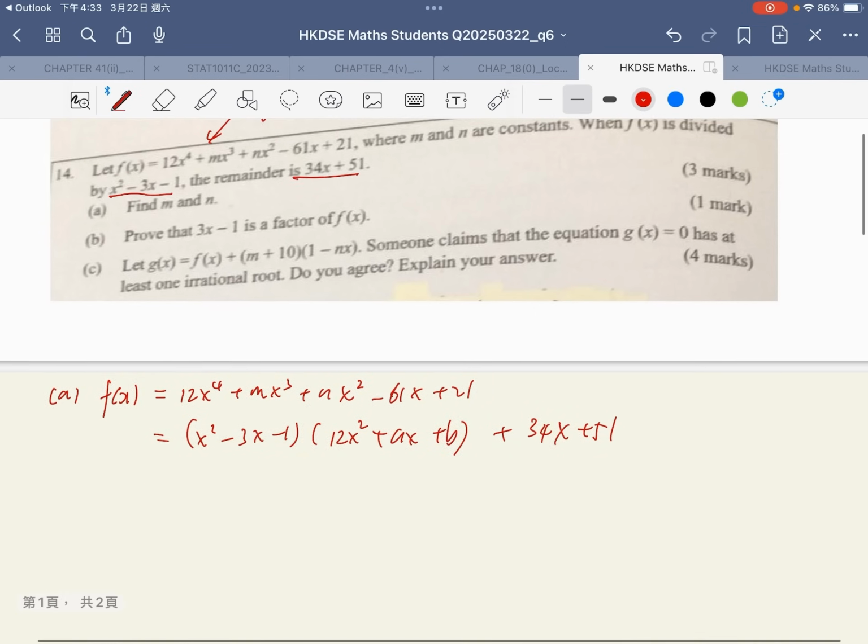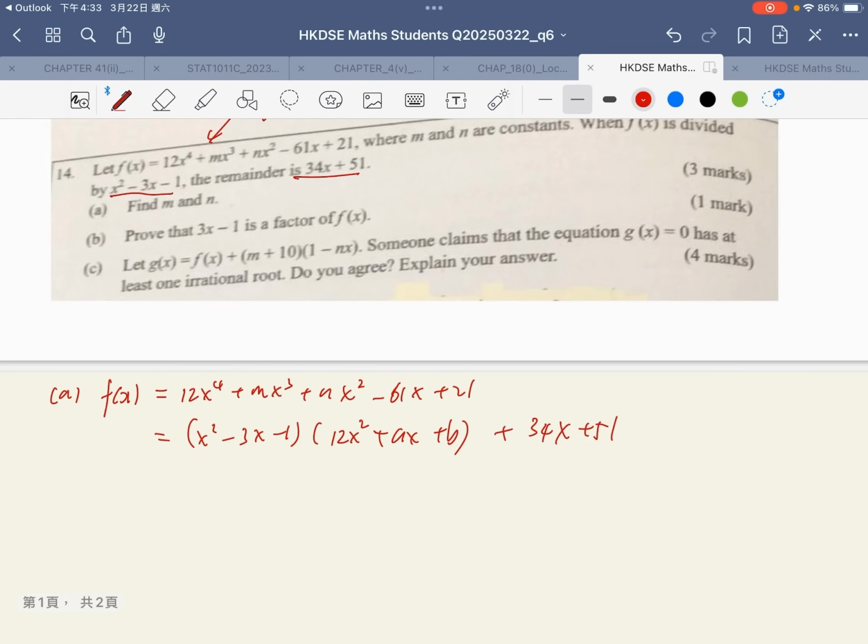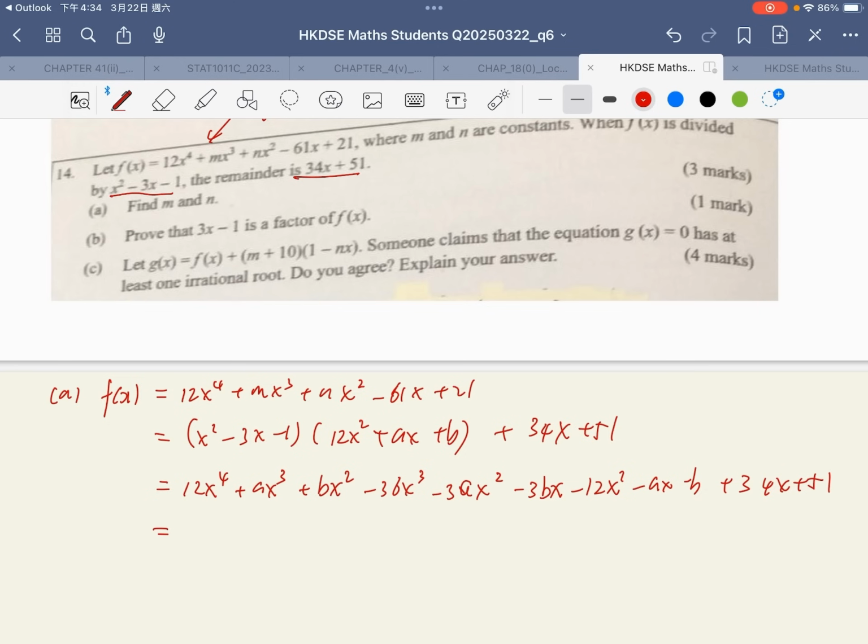Okay, expand this one. This is 12x to the power 4 plus ax to the power 3 plus bx squared minus 36x cubed minus 3ax squared minus 3bx minus 12x squared minus ax minus b plus 34x plus 51.